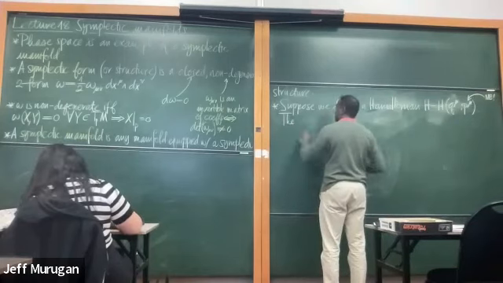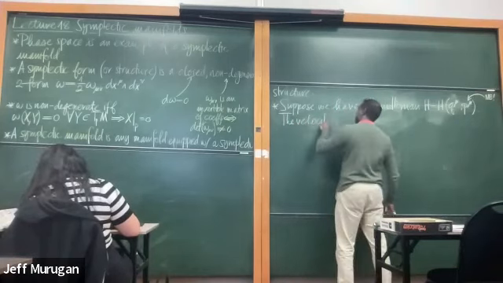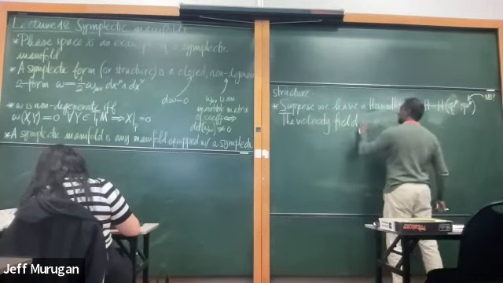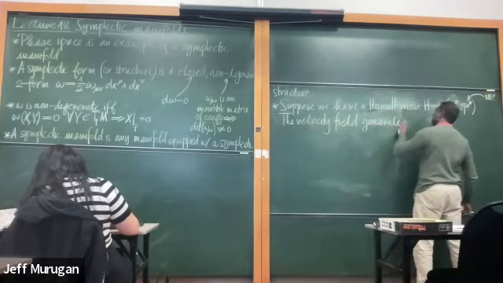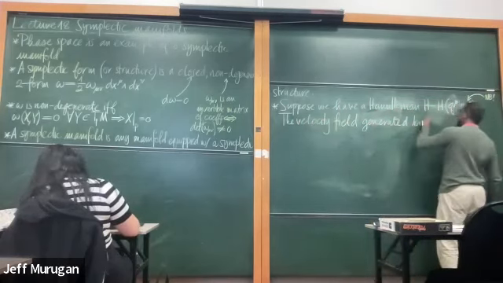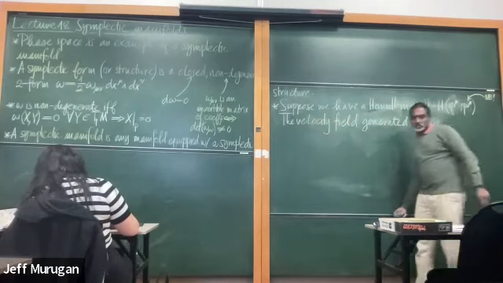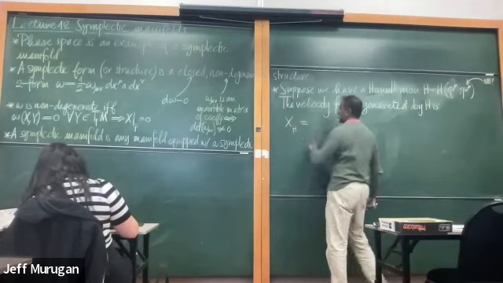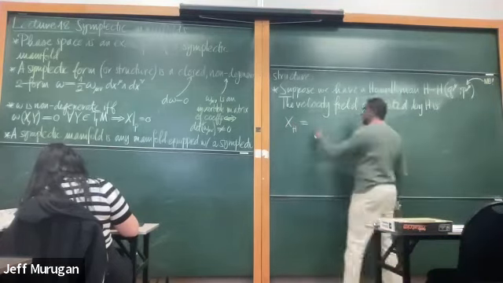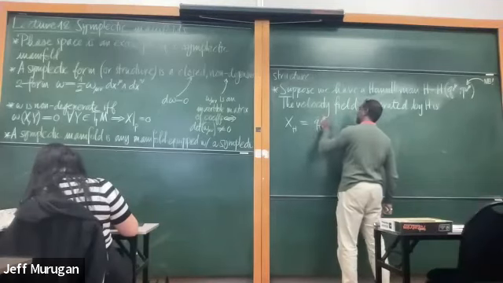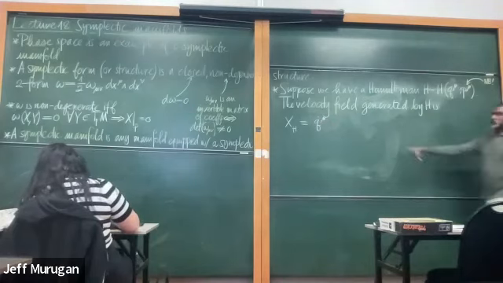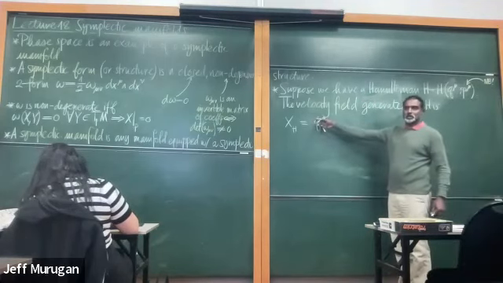The velocity field generated by H is defined to be X sub H, and it's basically this following notation that we would normally use to talk about velocities and tangent vectors. q dot means derivative with respect to some parameter t, say.